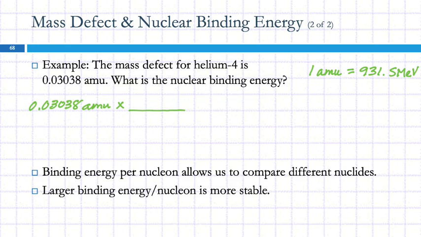And this is just dimensional analysis with strange units. 931.5 mega electron volts for every 1 atomic mass unit.